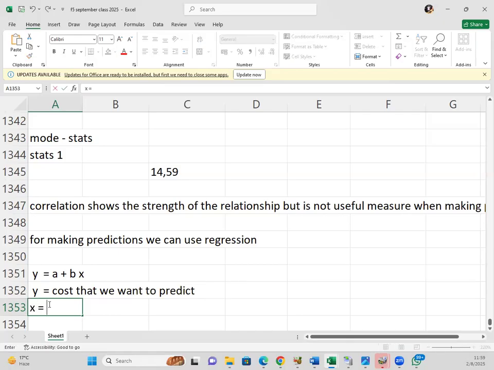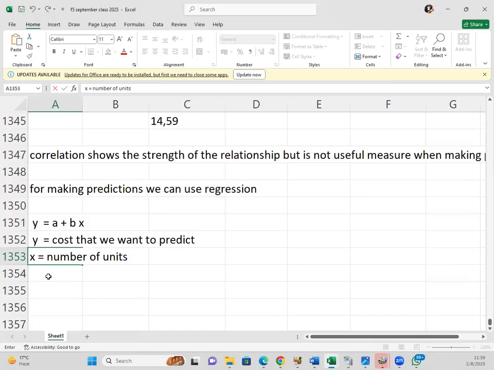If these are costs and units, X is the number of units. So to get the regression, there's what we call the regression equation, that is y is equal to a plus bx. We are supposed to find the value of a and the value of b and substitute into the equation.